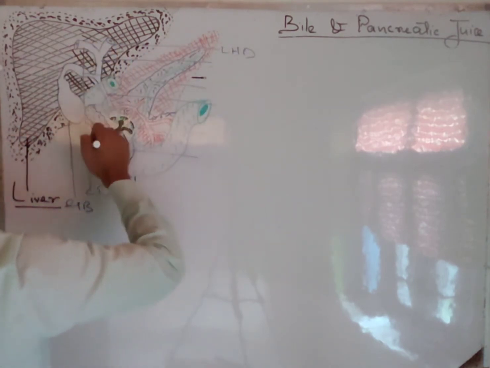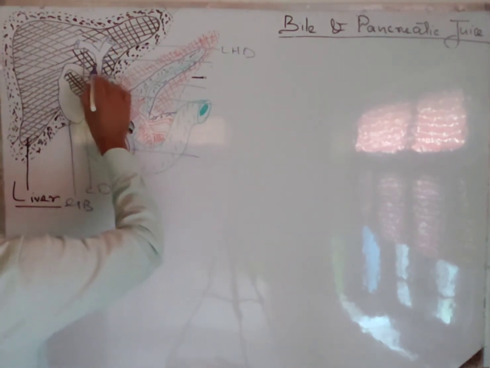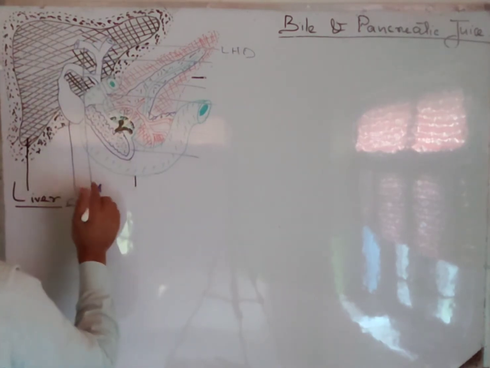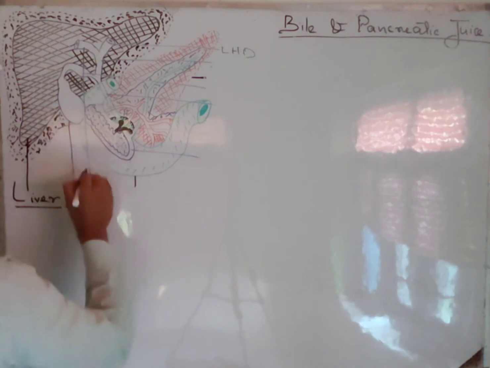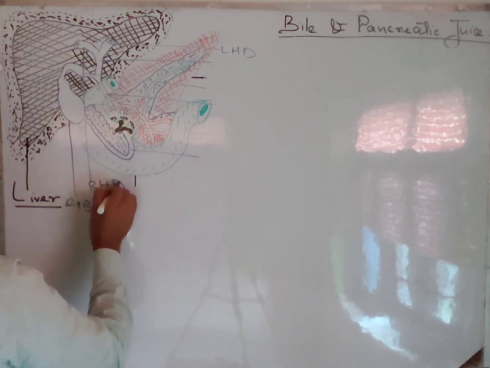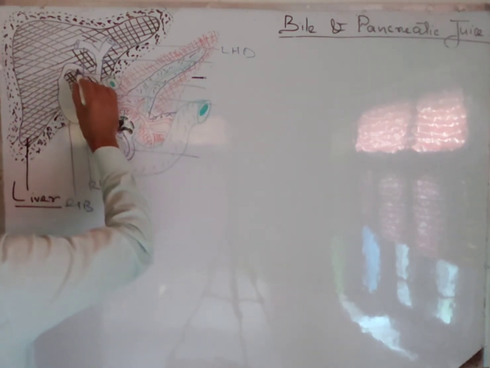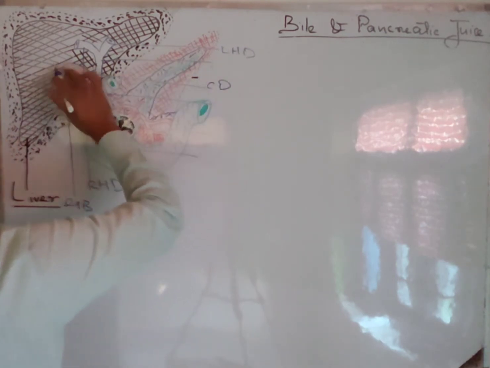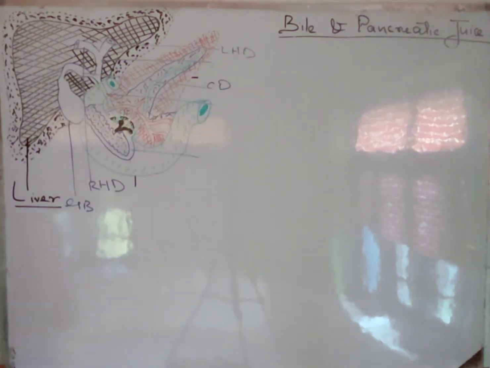This line here comes from the right hepatic duct, and this line indicates the cystic duct which is draining the gallbladder.